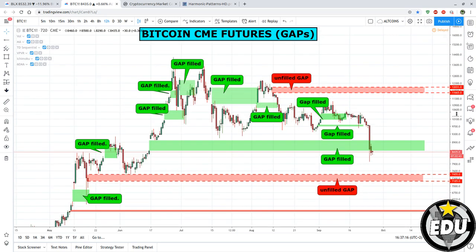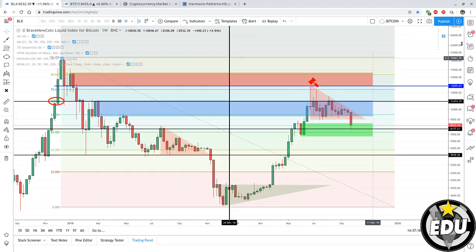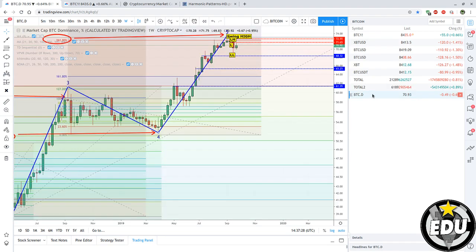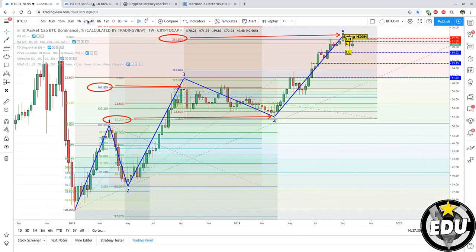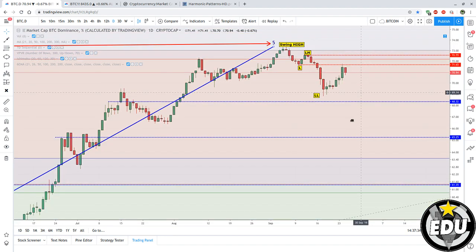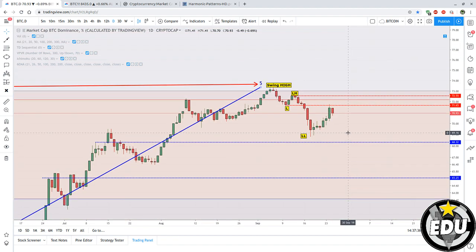That's the gap. Okay, so let's go back here. I took a look at the total cap, altcoin cap, BTC dominance. Let's have a look. What's going on? Again, the BTC dominance chart, I wrote in my channel, is not something that goes with the price.